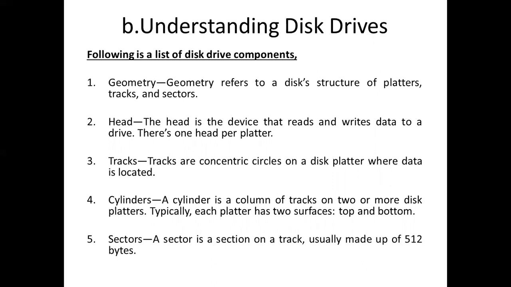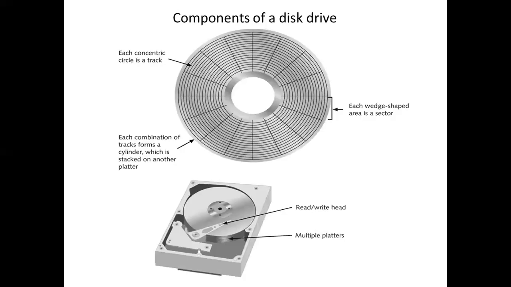A portion or a section of a track is called a sector. And typically, a cylinder is one or more columns of tracks. So this is the diagram of the components of a disk drive, which has the track, sector, cylinder, and head mentioned.